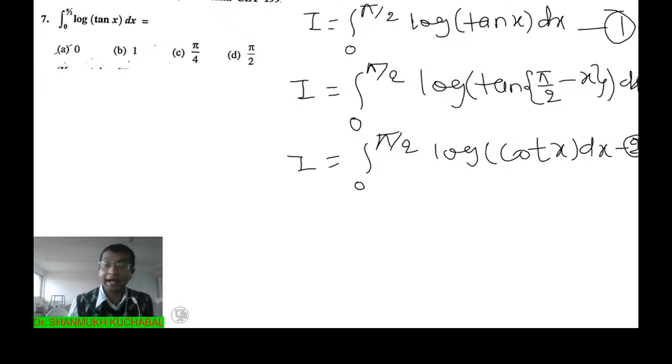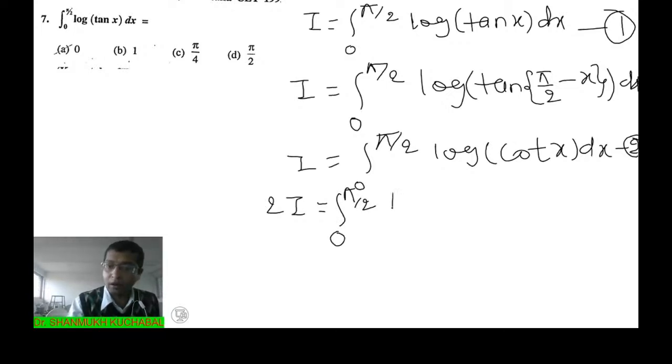Now we will add equations 1 and 2. So I plus I, we get 2I equal to, since limits are common, the integral from 0 to π/2 of log tan x plus log cot x.